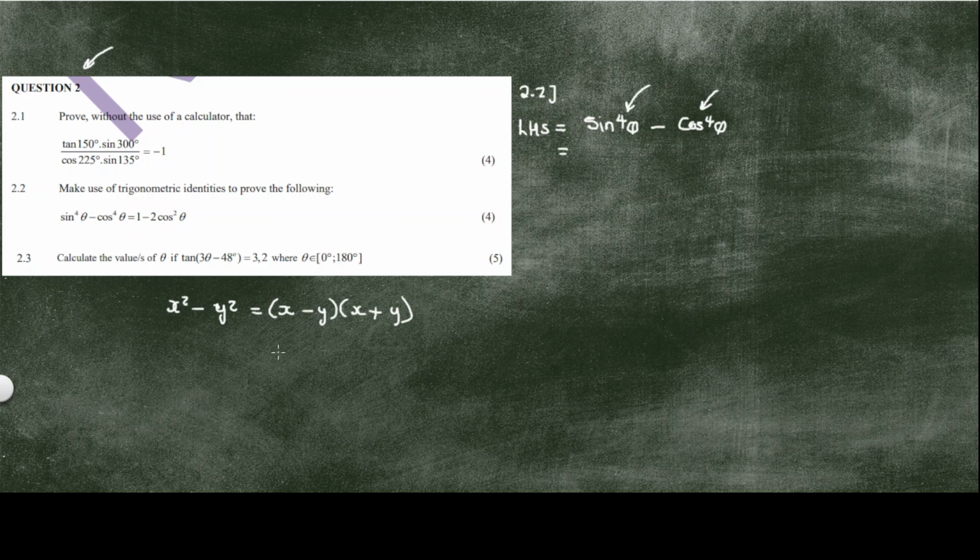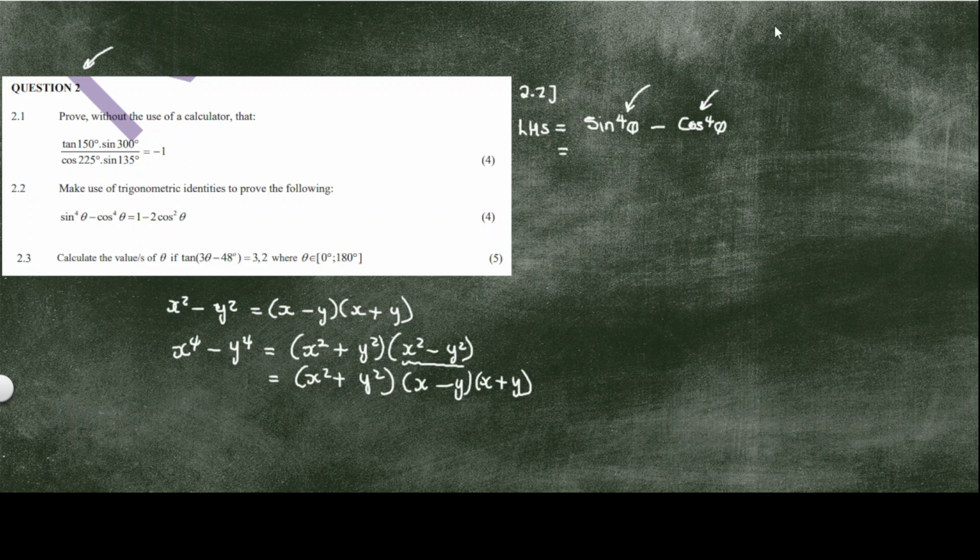Do you agree? If you have x to the power 4 minus y to the power 4, you're going to get x squared plus y squared, open bracket, x squared minus y squared. There's also another difference of squares. You continue, x minus y, x plus y.